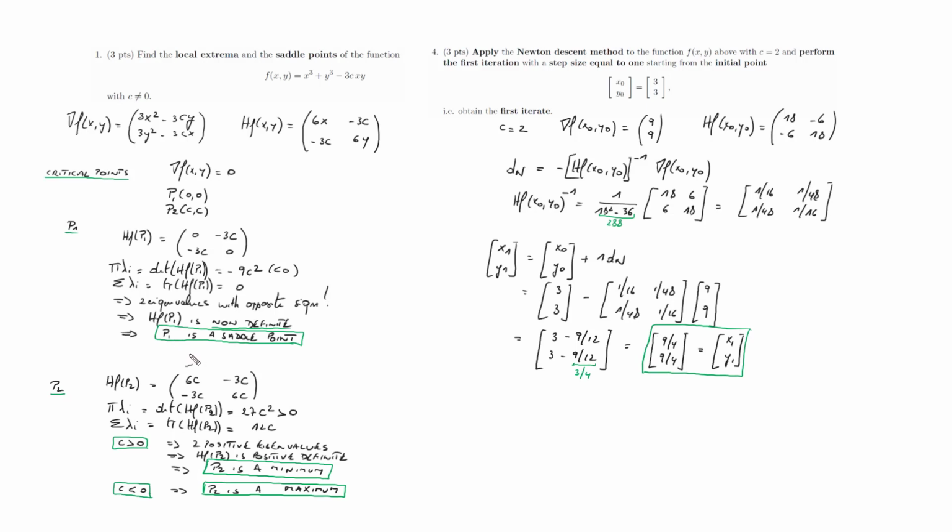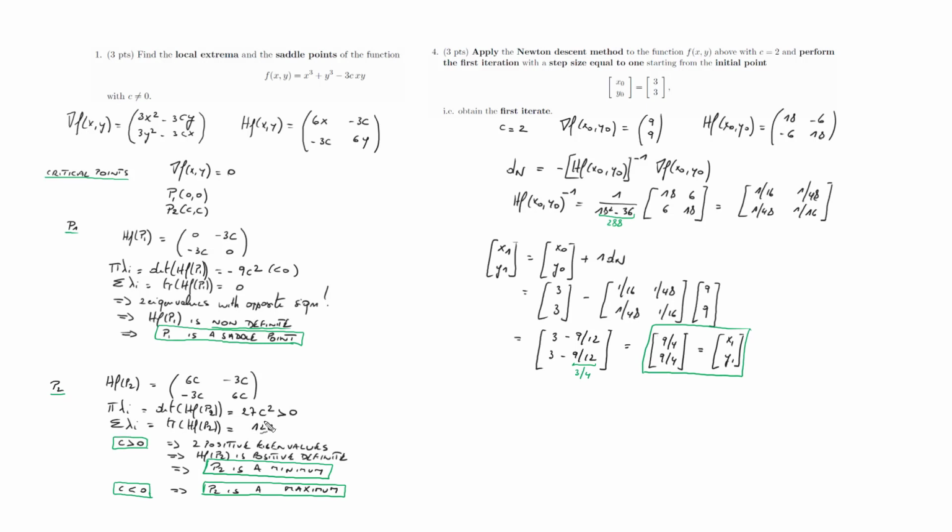We can do something similar for the second critical point, P2 over here. If we plug in the values, this is the value of the Hessian. Same exercise, we compute the determinant, the trace, and now we see that we have a positive product, and we have a sum of the eigenvalues that is 12c.